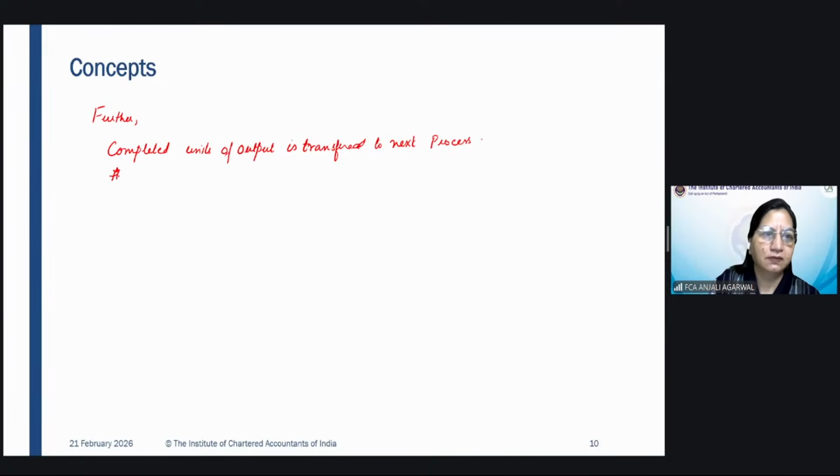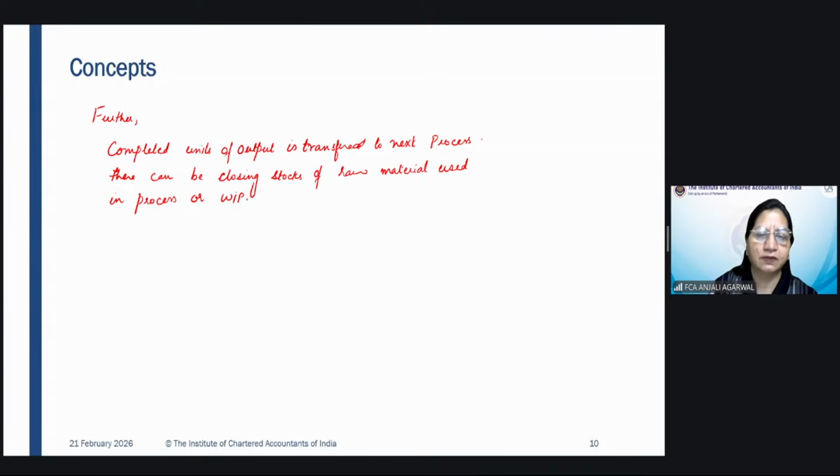There can be stocks or closing stocks of raw material used in the process, or work in progress, which is not complete.